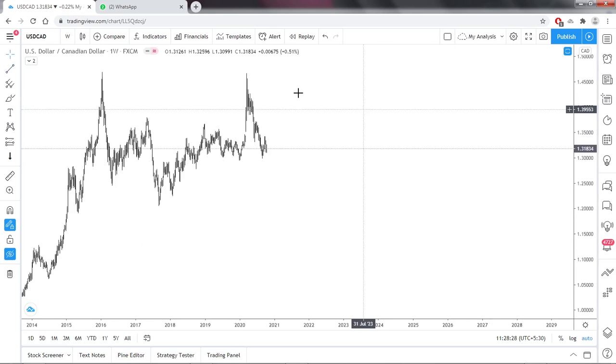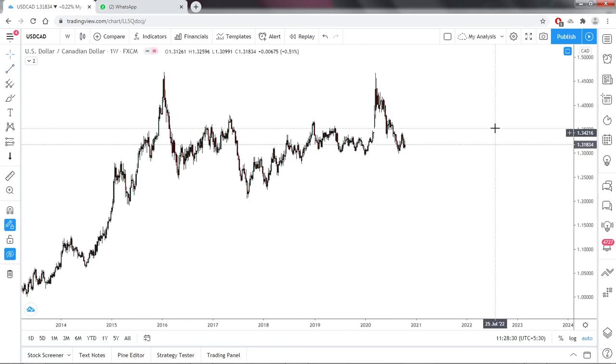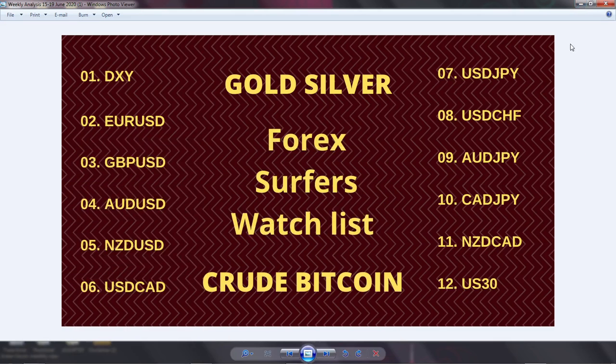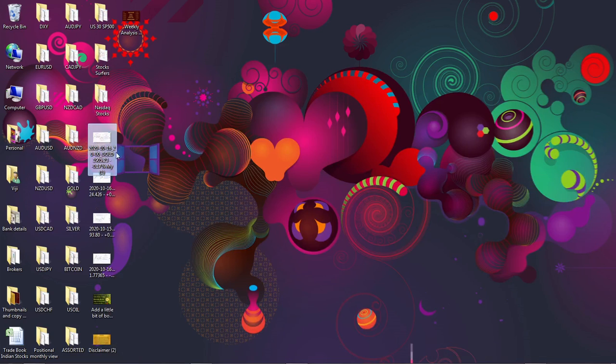And one more wave I have already shared, that I will show you here. One second. So USD CAD.